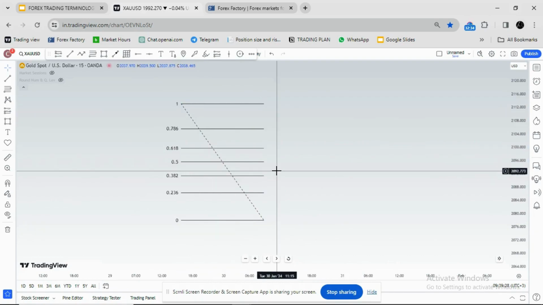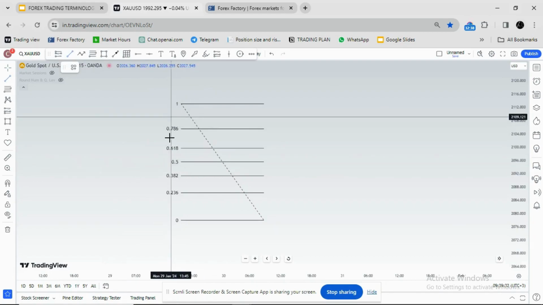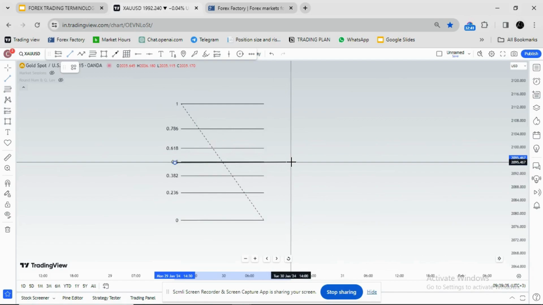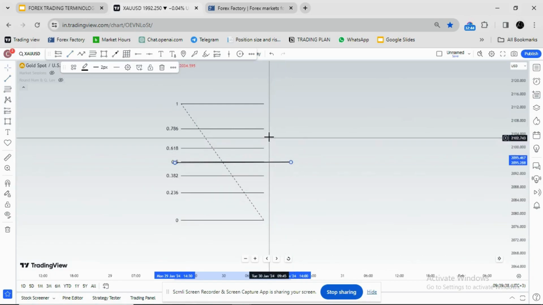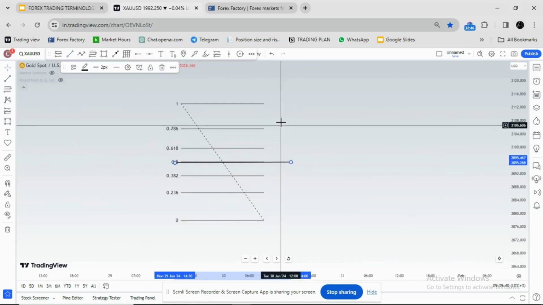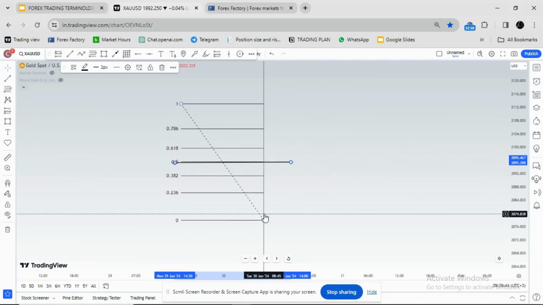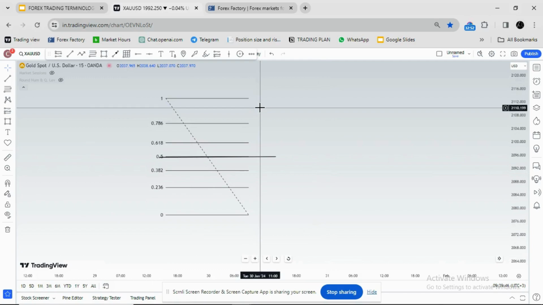A Fibonacci retracement, you pull it on price, and it has a few numbers. This one we call equilibrium, 50%, and above equilibrium we consider this as premium. Below equilibrium we consider this as discount.